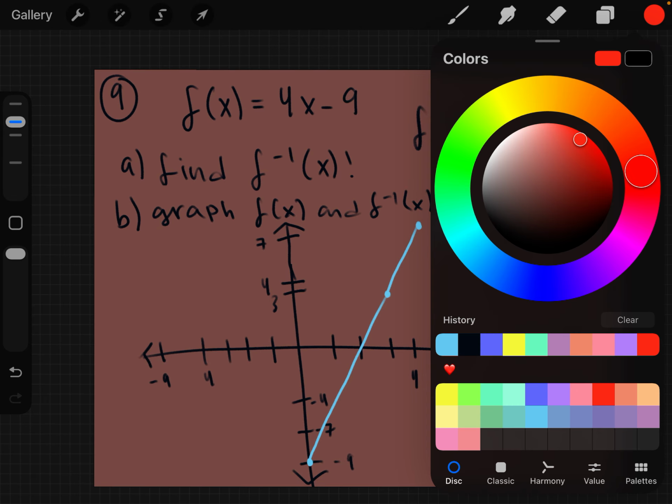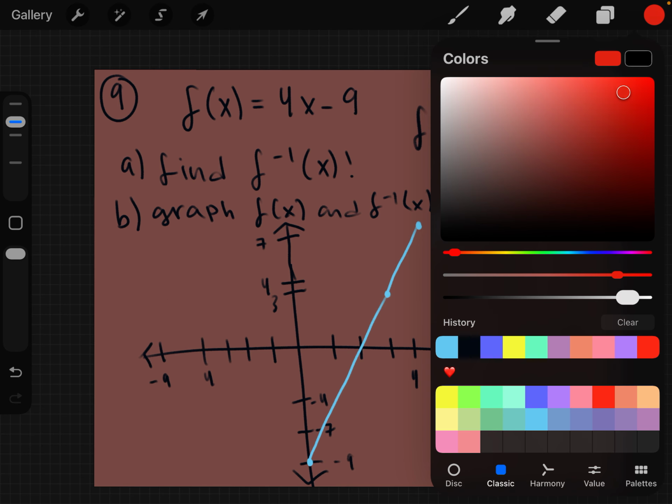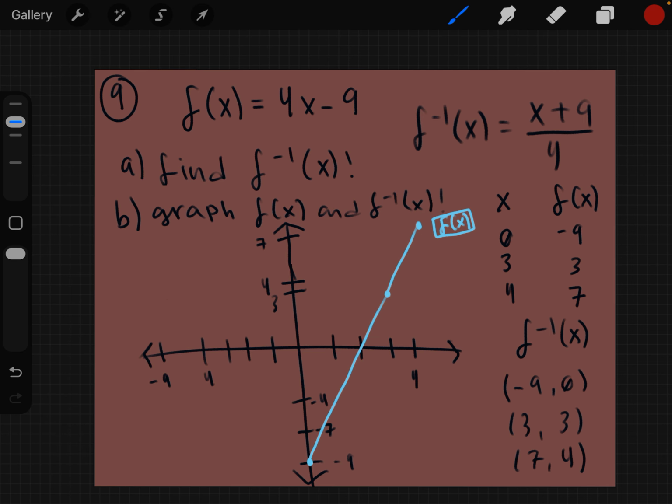We do f of negative x in red. But let's make the red deeper so our eyes don't explode. Got negative 9 on the x, 0 on the y. 3, 3. And then 7 on the x, 4 on the y.